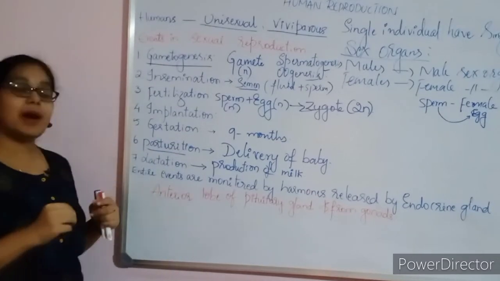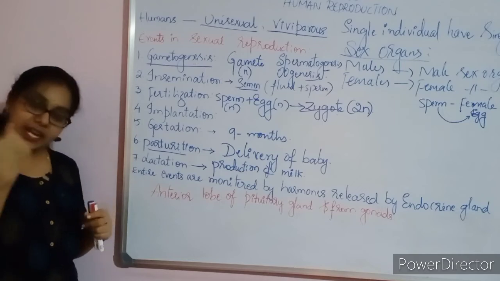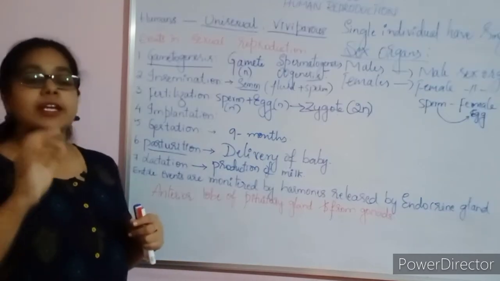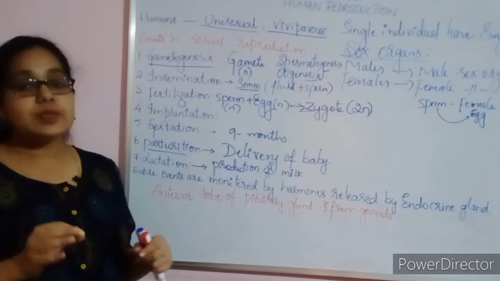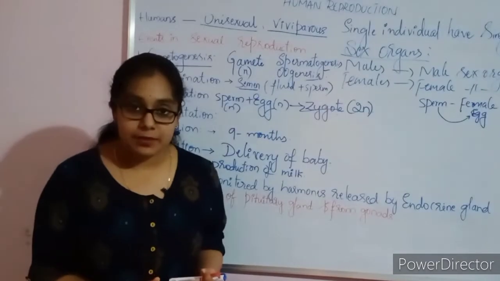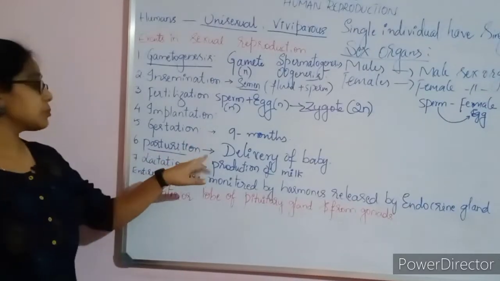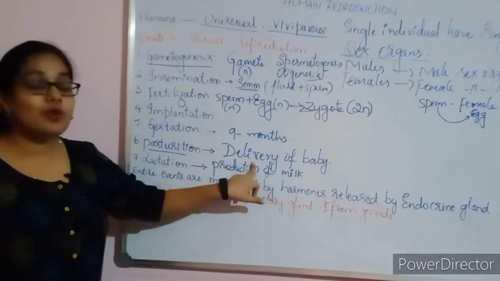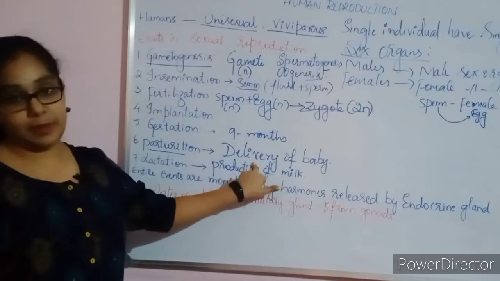Clear? Next is parturition. By the 9th month, a baby will be fully developed, so now it is ready to come out to lead its individual life. That is called parturition, or the delivery of a baby.